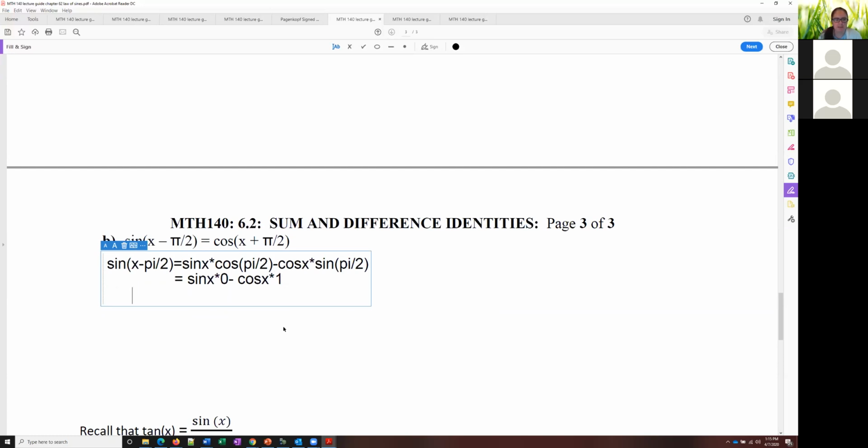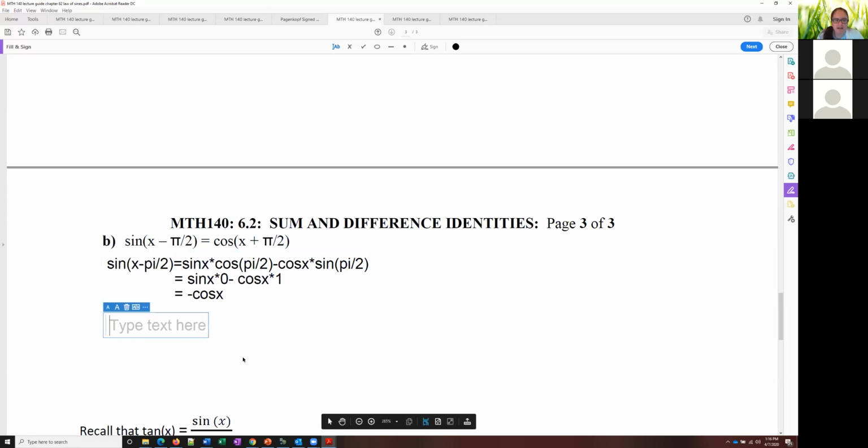So how does this simplify? Well, sine of x times 0 is just 0. So we've shown that it's equal to negative cosine of x, which is not what we were aiming for, right? We've shown that the sine of x minus pi over 2 is equal to minus the cosine of x. So that would be an identity. All right, let me write that down.